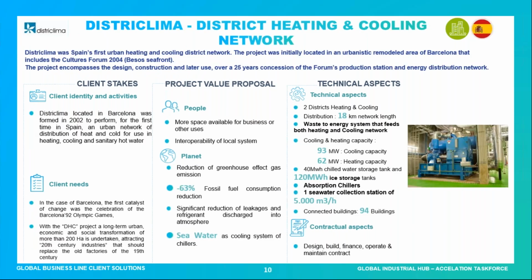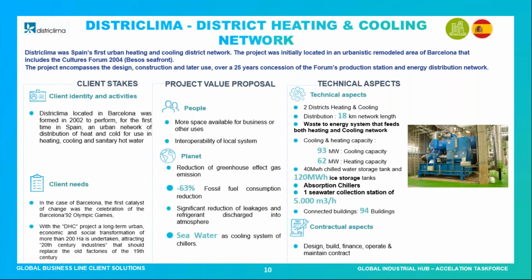The next one is a network located in Barcelona in Spain. For that network, once again, we are producing heat and cold at the same time. We are benefiting from waste heat coming from a waste-to-energy system located near the main central plant, and thanks to that waste heat, we are producing cold with absorption chillers.